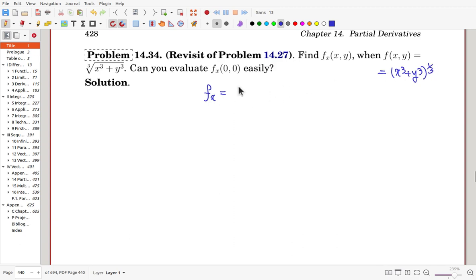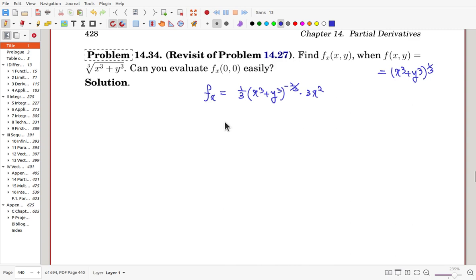So for f sub x we make the derivative, and 1/3 times x cubed plus y cubed to the power of 1/3 minus 1, which is minus 2 over 3, and here the derivative of this block with respect to x, which is 3x squared.